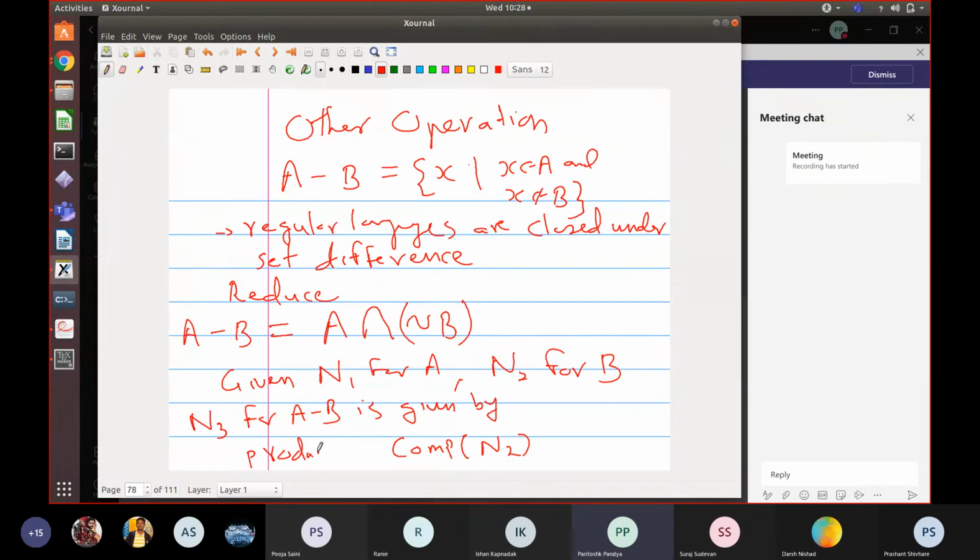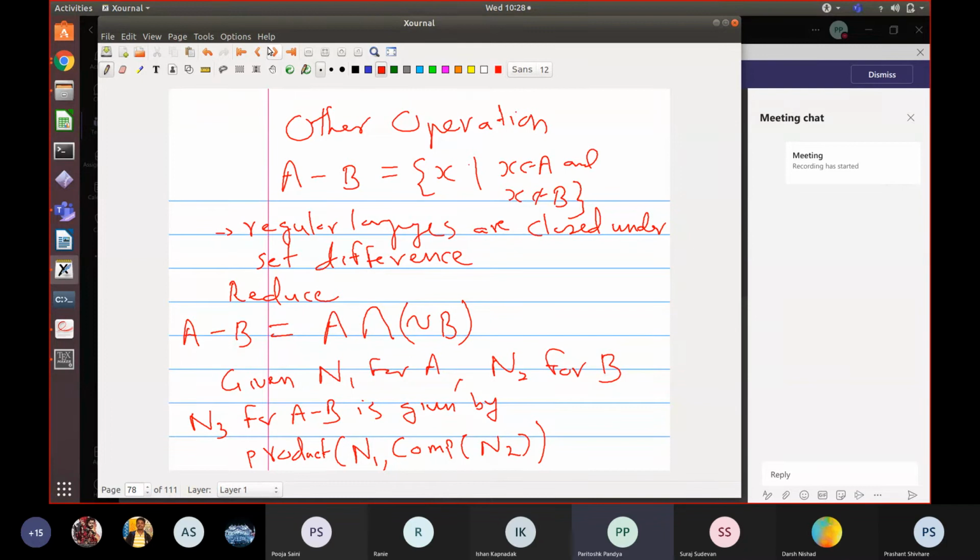Remember, product was doing the intersection of N1 with the complement of N2. So first you construct the complement of N2, then you take the product of that automaton with N1, which will recognize the intersection. That will give you the set difference.